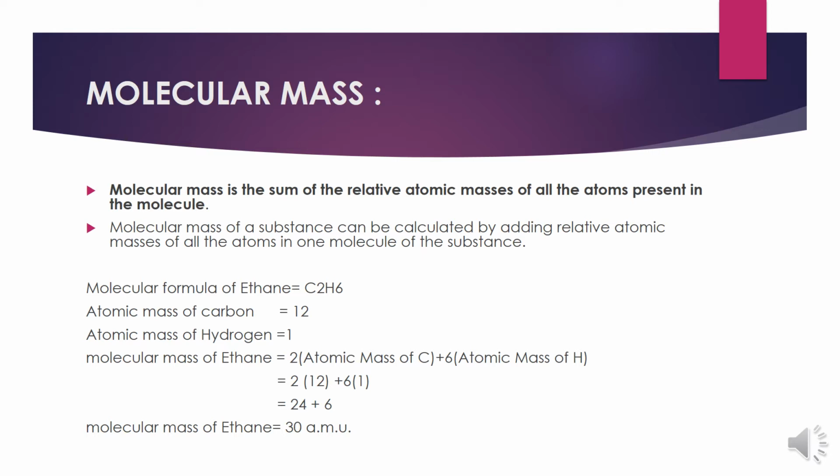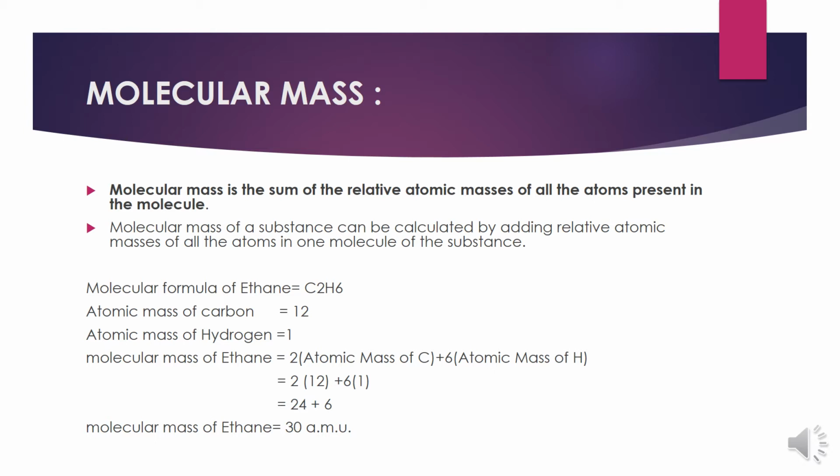Consider, for example, water molecule H2O. So, relative mass of hydrogen and relative mass of oxygen should be added together, then it will give the molecular mass of a water molecule.